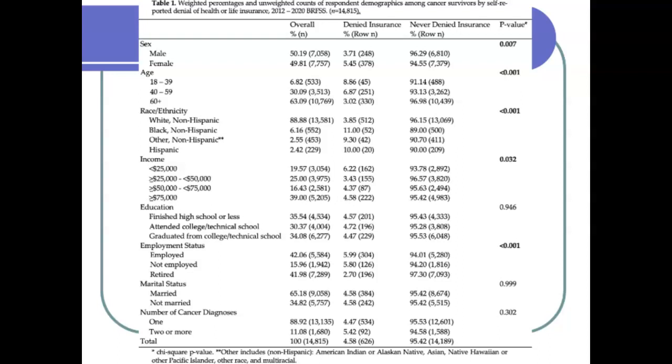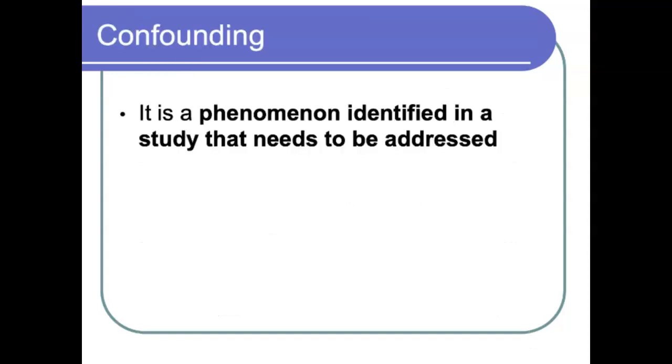I should not consider these variables as potential confounders because they don't have a relationship with the outcome variable. So I can automatically deduce from this table that I should not consider those specific variables as potential confounders because they don't have a statistically significant relationship with my outcome variable.